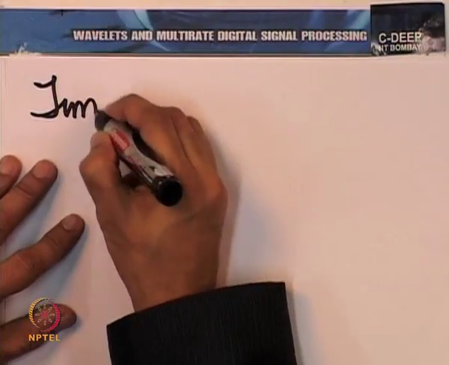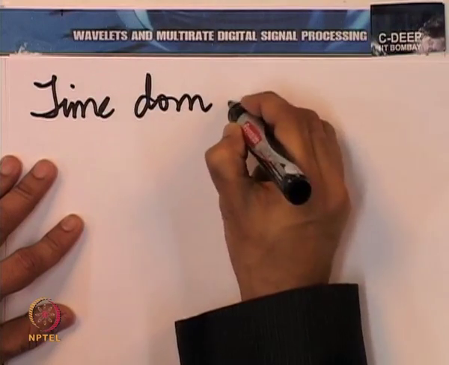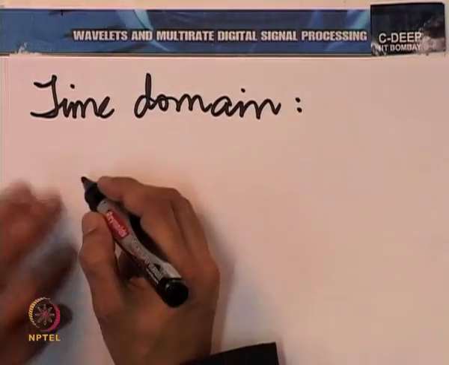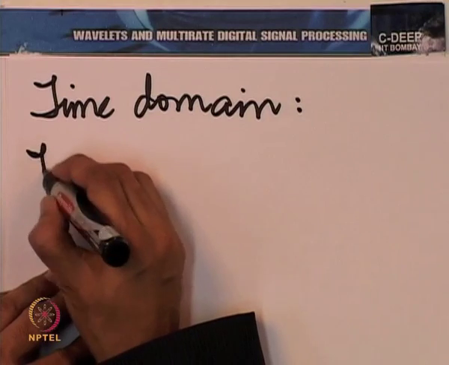So, in fact, it is adequate for us to see what happens to one of them, the time or the frequency domain, and the other one can be interpreted. Let us take the time domain for simplicity. So, consider the time domain. Let us see what happens to the time center.